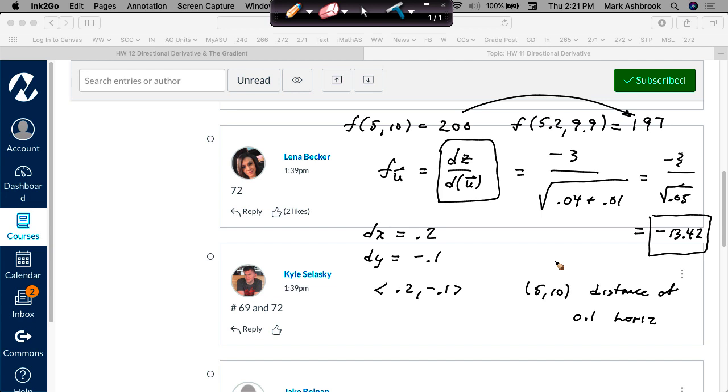Given a small change in what direction? In direction of q, 0.2, negative 1. So this value of the directional derivative was based on going in this specific direction. So now it means that given any change in that direction, that is the rate at which z is changing.